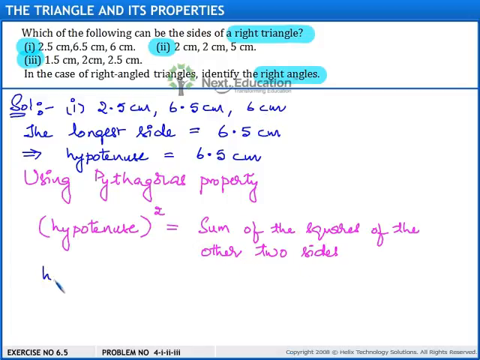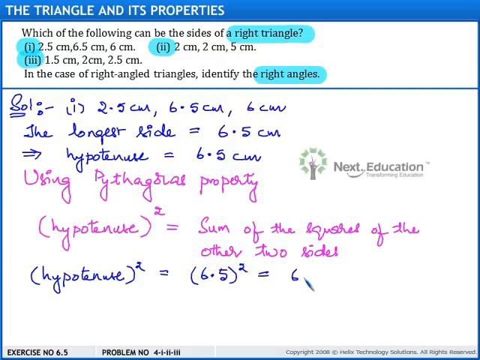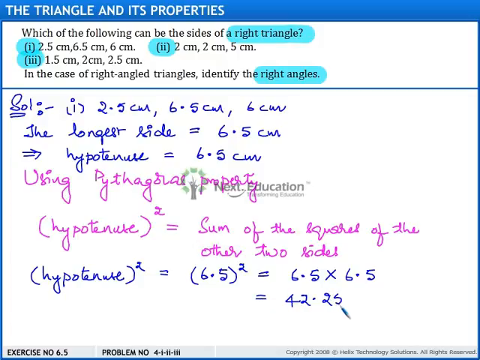Now, the square of the hypotenuse is equal to 6.5 whole square, and which can also be written as 6.5 into 6.5 is equal to 42.25.